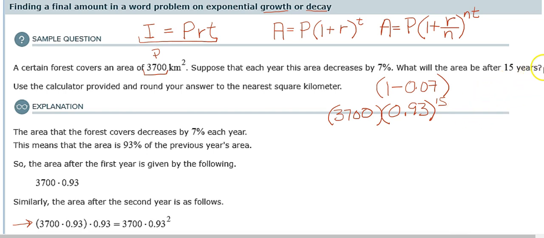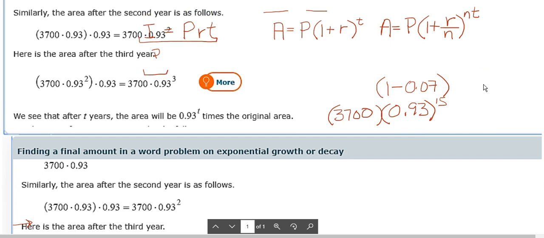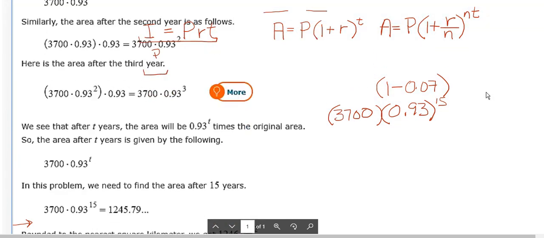Alright, let's take a look at the next part of this. So I kept my printing on it, but I moved it up. So 2 years, 3 years, but we want 15 years. So our exponent here is our time value. That's going to be 15. So we'll raise it up a little bit more.